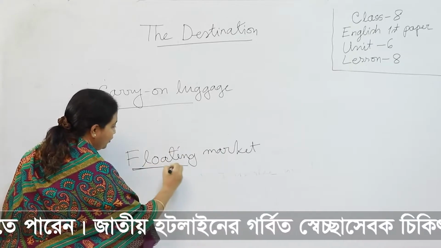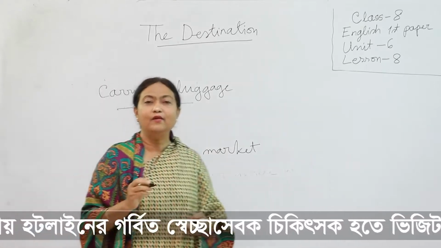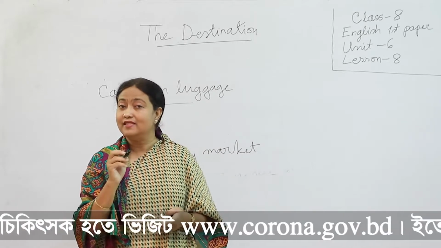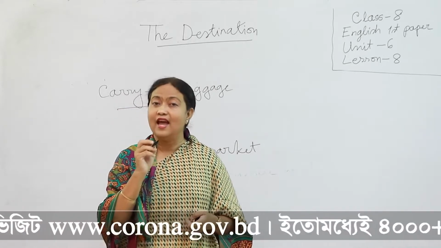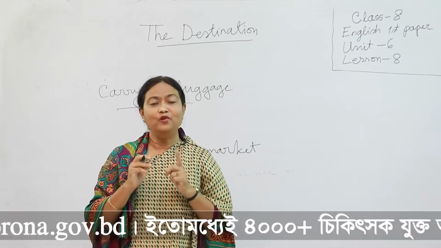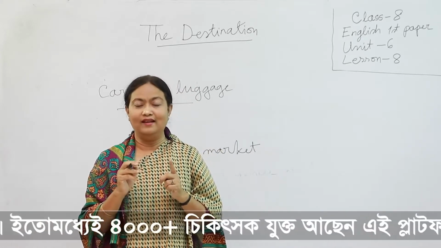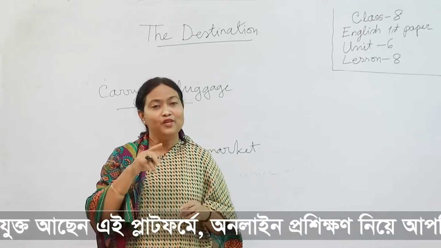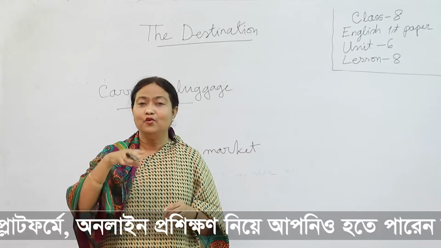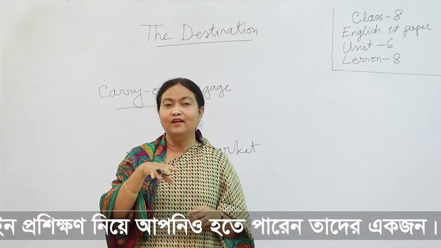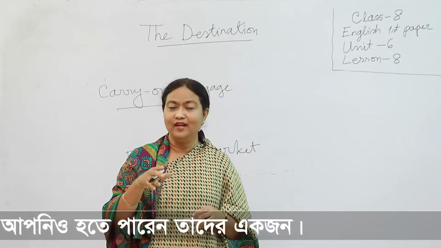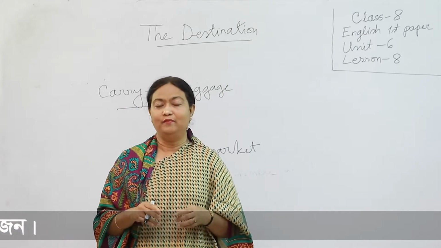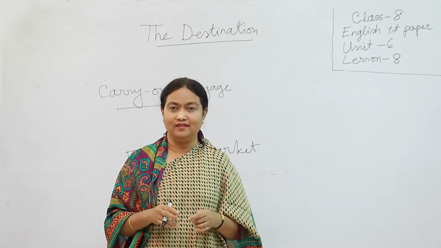Adding ing, it becomes a participle, that means it acts like an adjective. Okay? And float means, I can say in Bangla, bhasha, bheshe thaka. So, floating market means a market which is floating on the river or in a canal, okay? And just look at the picture, then you have a clear idea what is floating market.